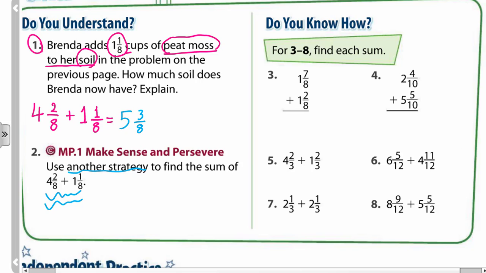Okay, let's see what happened in the video. We will take 4 and 2/8. Remember, this is a mixed number. We will change it to be a fraction.